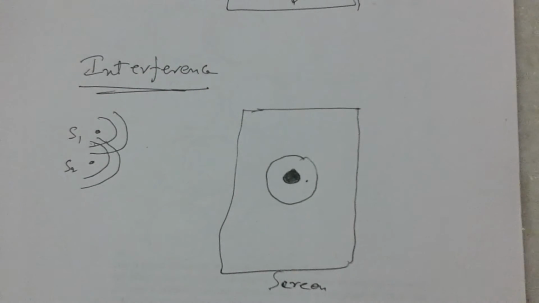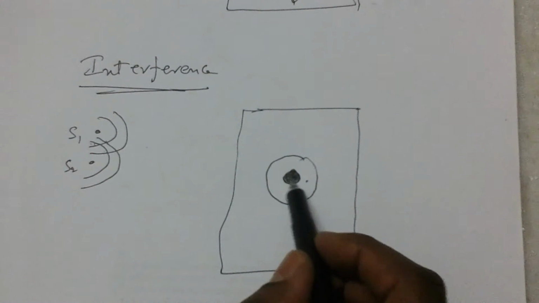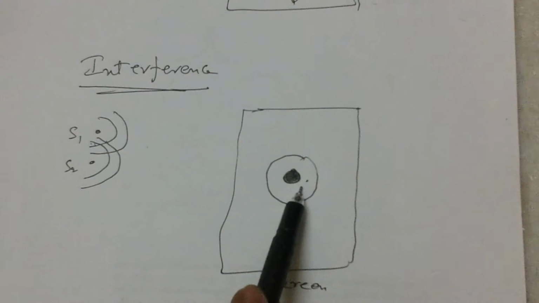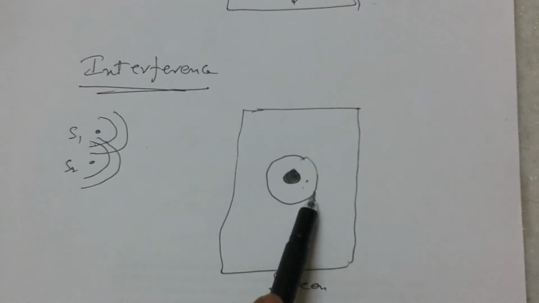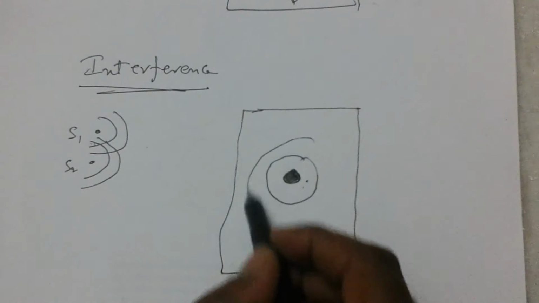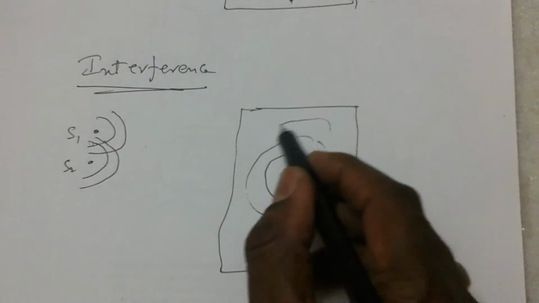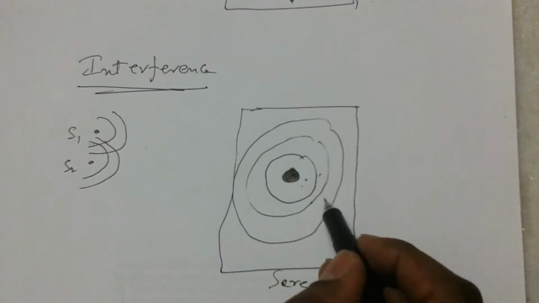But here, carefully if you observe, the center fringe will be dark, next bright, next dark, again bright, again dark, again bright, again dark.